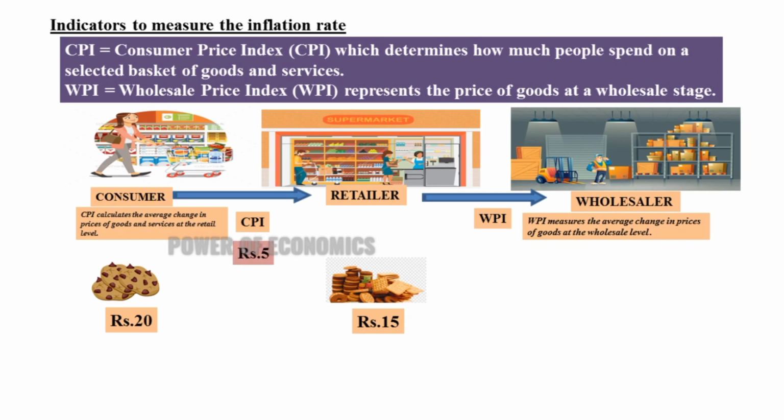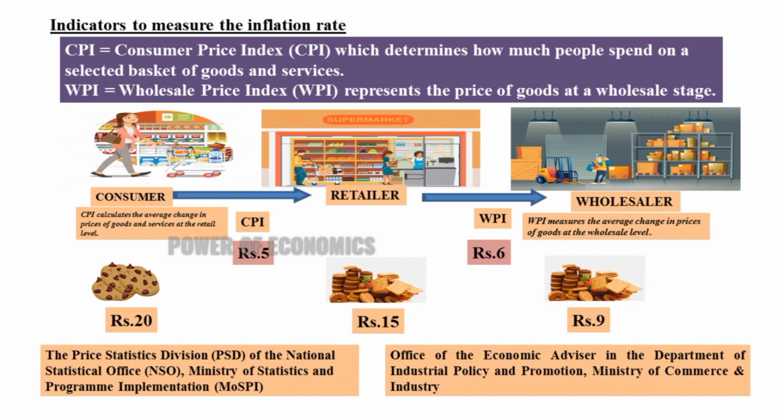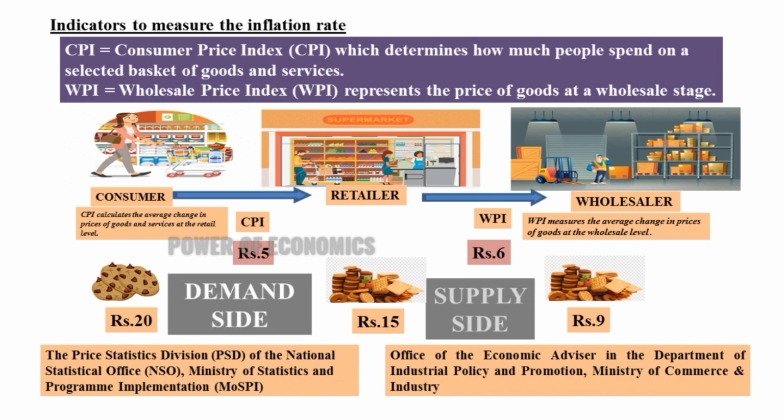A retailer purchased a bulk of biscuits for rupees 15 each, when a wholesaler purchased the same biscuits in bulk quantities for just rupees 9. Therefore, the average change in the price of biscuits at the wholesale level is rupees 6. Therefore, CPI comes in the demand side and WPI comes in the supply side.